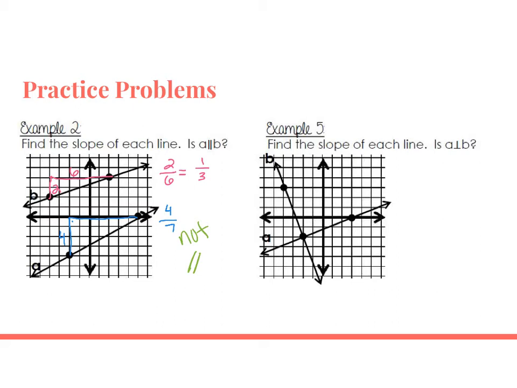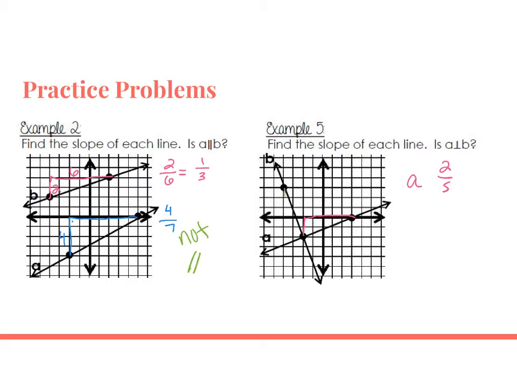In example 5, I'm looking for them to be perpendicular. So I want the slopes to be negative reciprocals, or I want their product to be negative 1. So looking at line A, I'm going to come up 2 and over 1, 2, 3, 4, 5. So A is positive 2 over 5.